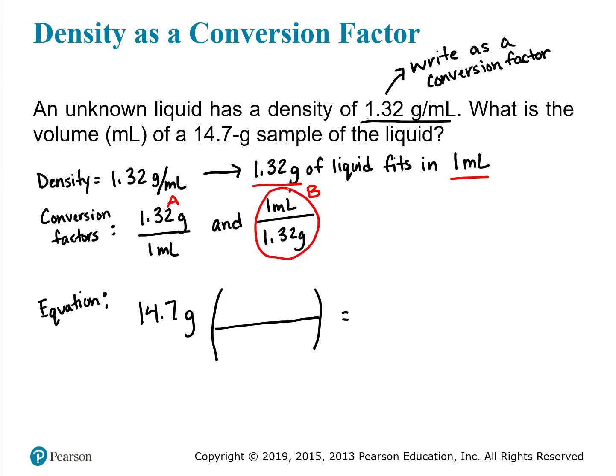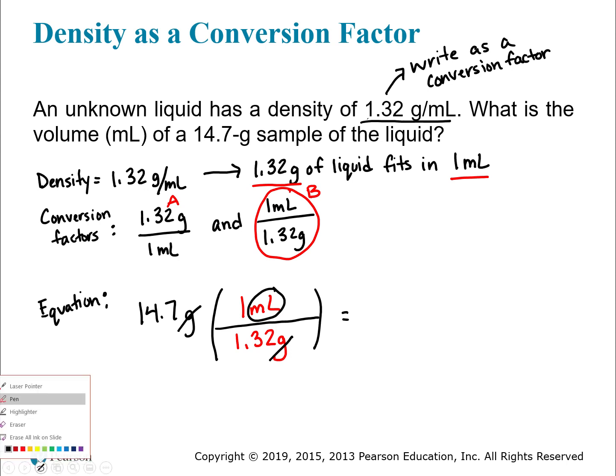We've got to use B because we're trying to get to the volume. We can cancel that out, and we're left with milliliters. In the calculator, it's 14.7 divided by 1.32.